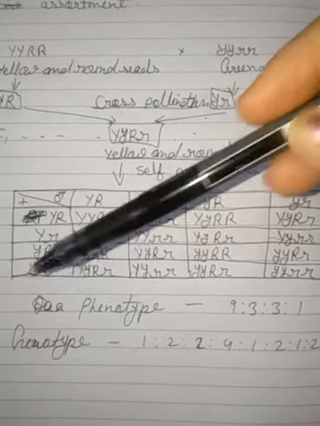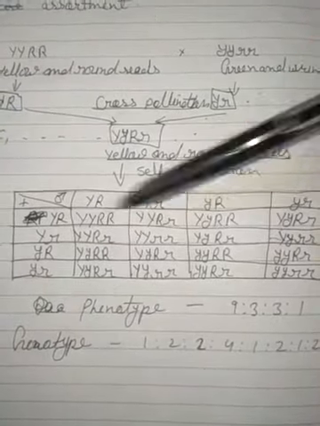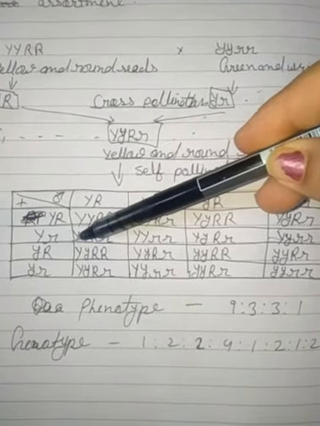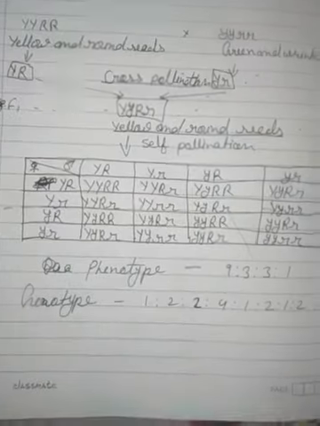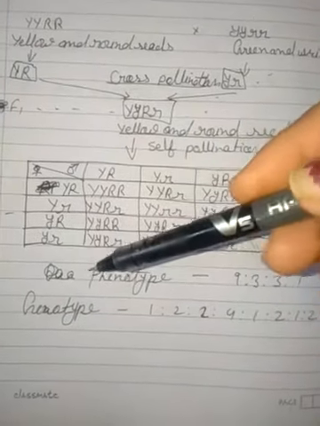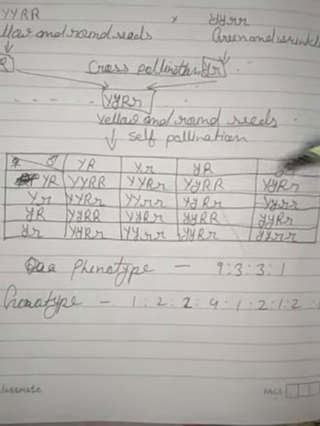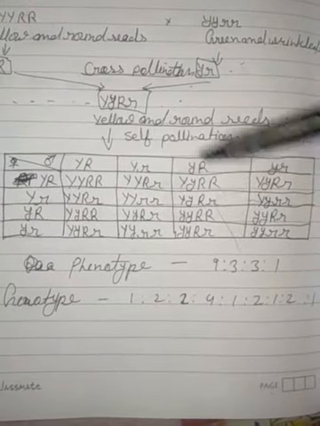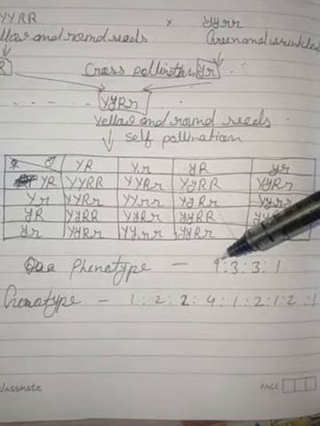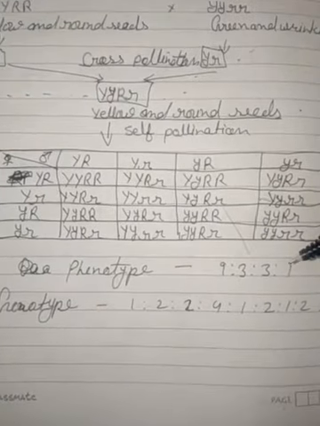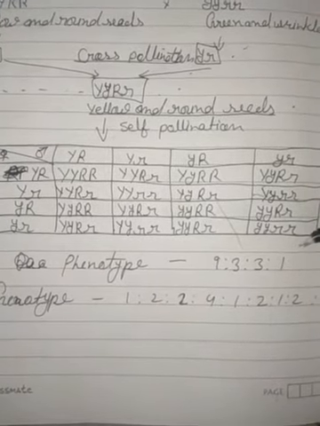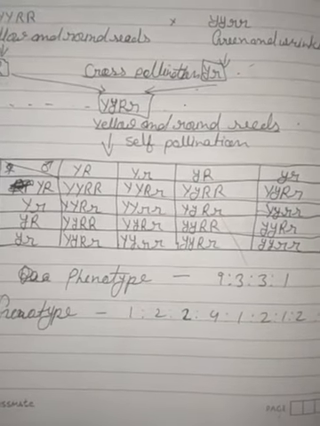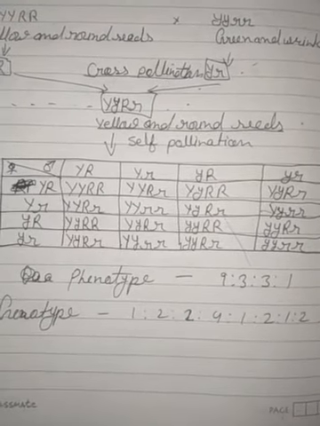And the female gametes are the same. So when we cross it, the phenotype ratio of this process is 9:3:3:1. But this is an impure and mixed character statement.